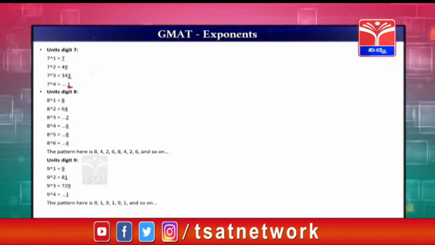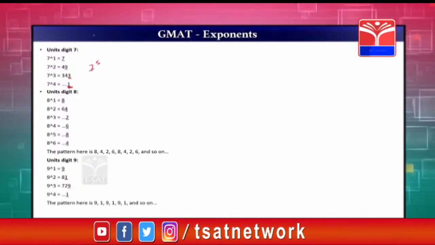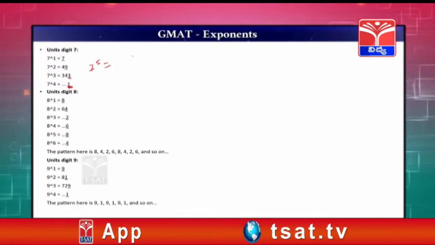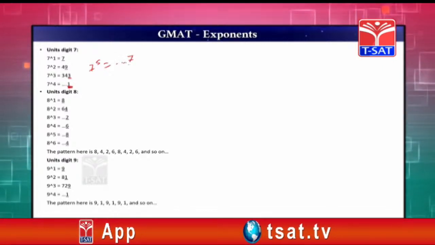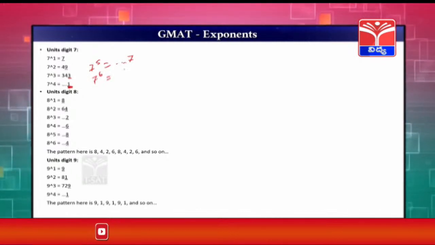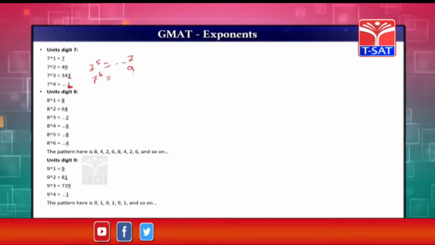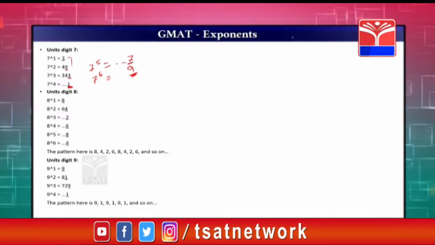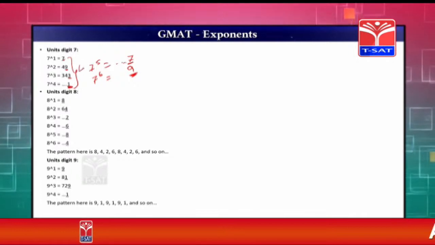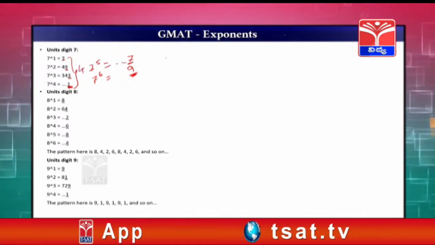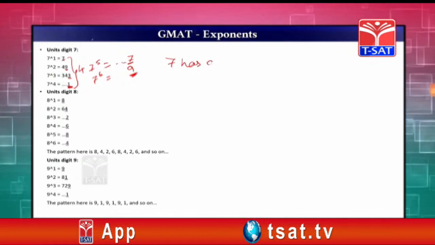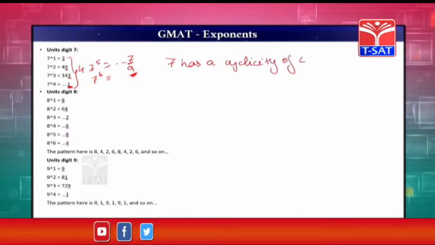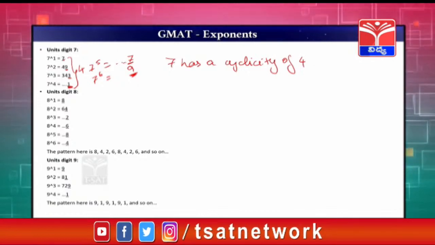If you further check 7 to the power of 5, in the units digit it will be 1 times 7, so it will be 7 again. For 7 to the power of 6, it will be 7 times 7, that is 49. We are only focused on the units digit, so the pattern repeats itself after every 4 numbers. So 7 has a cyclicity of 4.